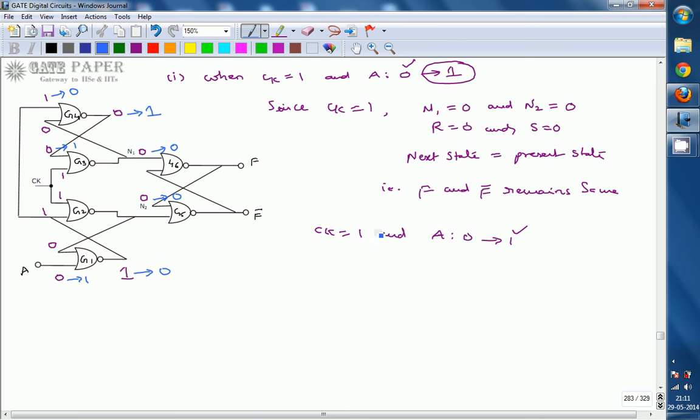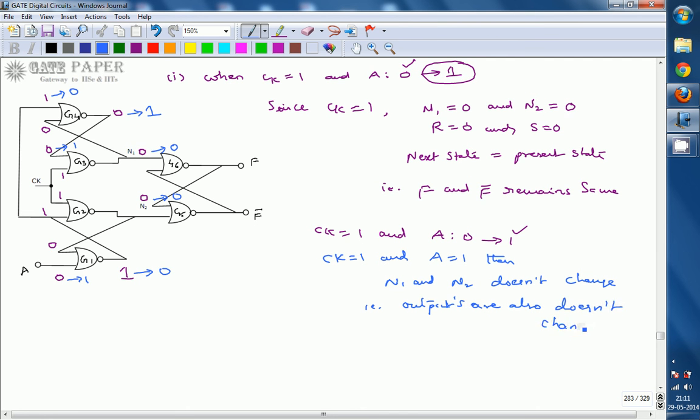So even when CK is equal to 1 and A is equal to 1, N1 and N2 don't change, which implies the outputs also don't change.